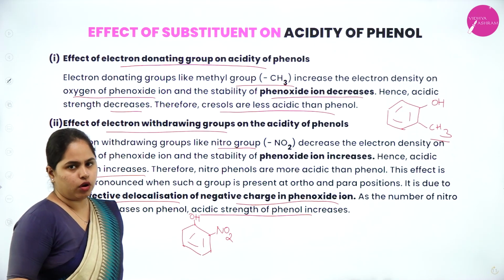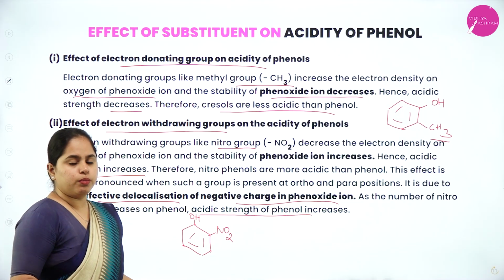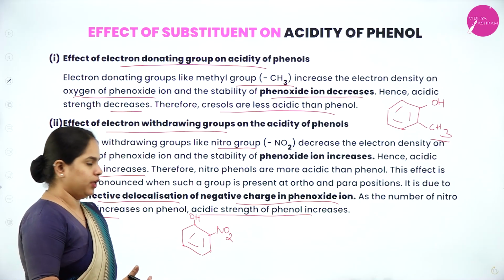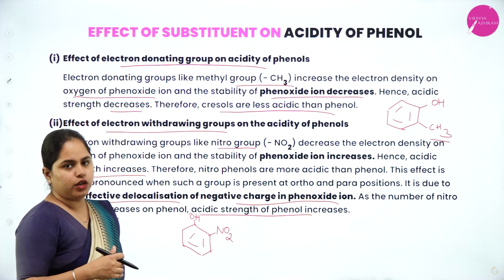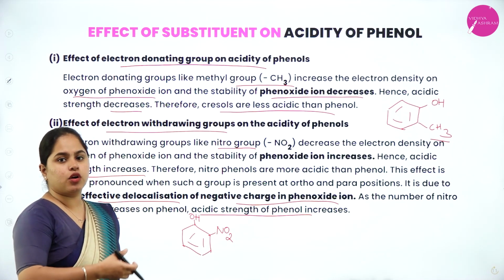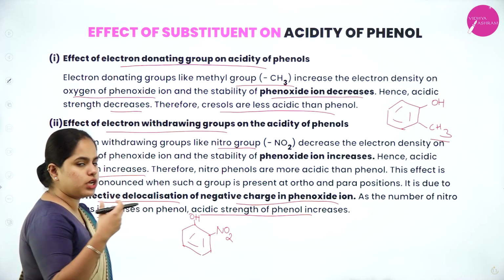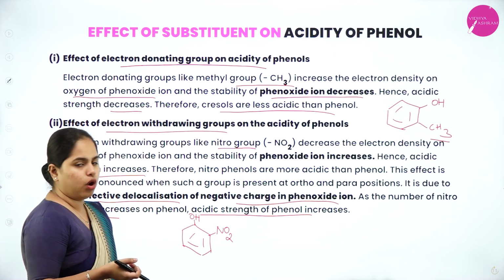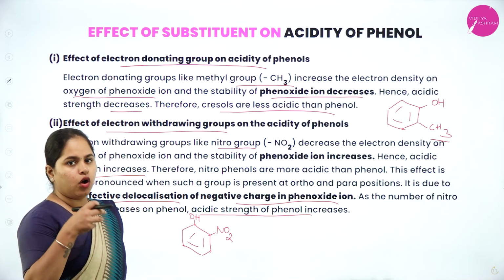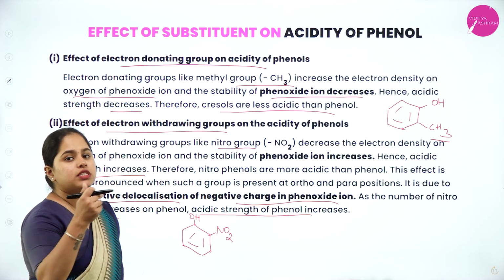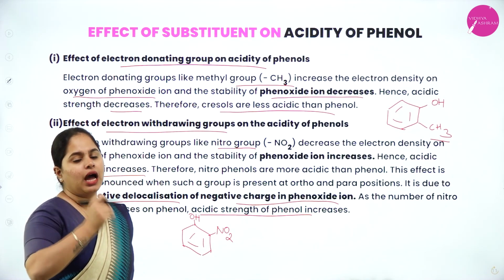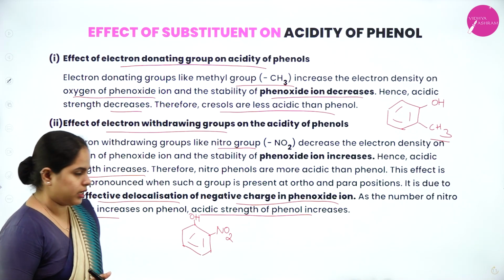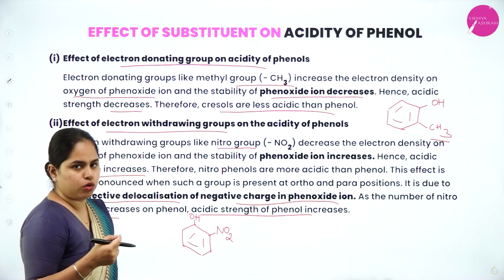It is going to be more acidic than phenol, that is, without the nitro group, because of the presence of an electron withdrawing group. When the electrons are being withdrawn, the electron density in the oxygen will decrease. Because of that, the stability of the phenoxide ion will increase, and the acidity will also increase. In this case, only one nitro group is there.